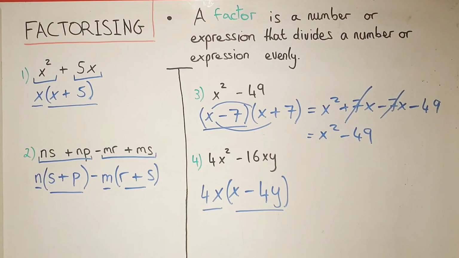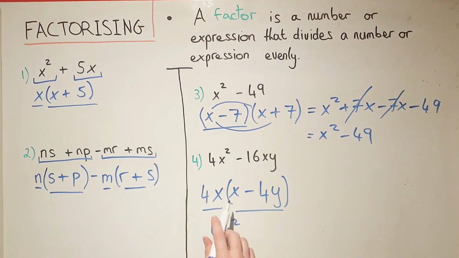For all these examples, to verify that you're correct, all you do is go in reverse. You could multiply the factors and see if you get the original expression. So using that logic for this last example, let's multiply 4x by x. We get 4x squared, which is our first item back from this expression.